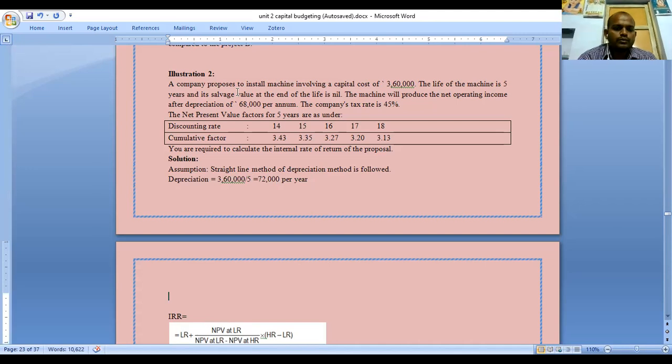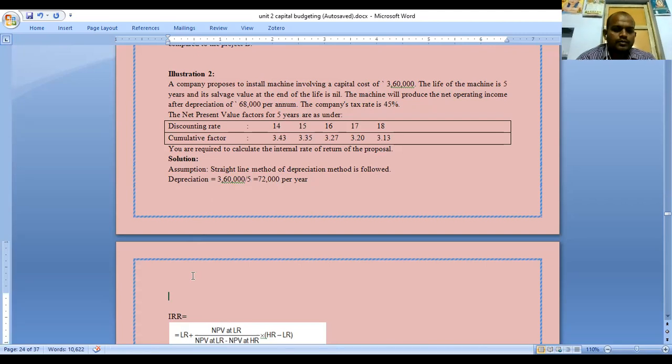Now we have to calculate the cash flows per year. Here in this problem, net operating income after depreciation per annum, but before tax.